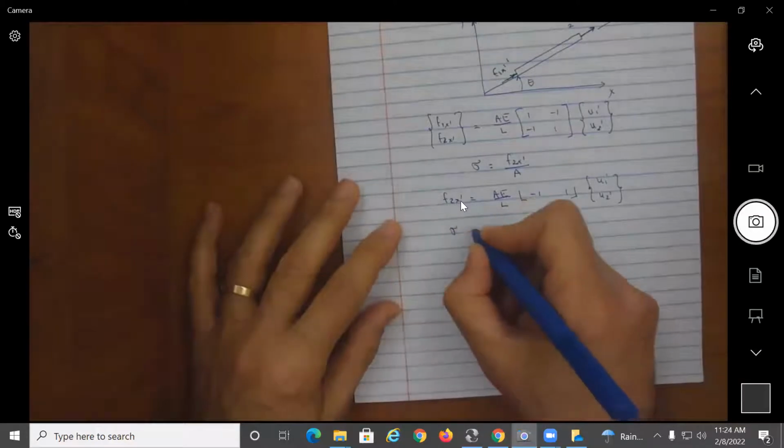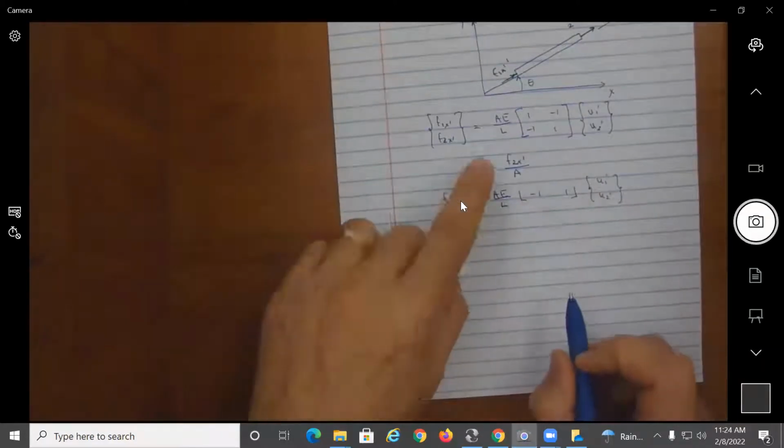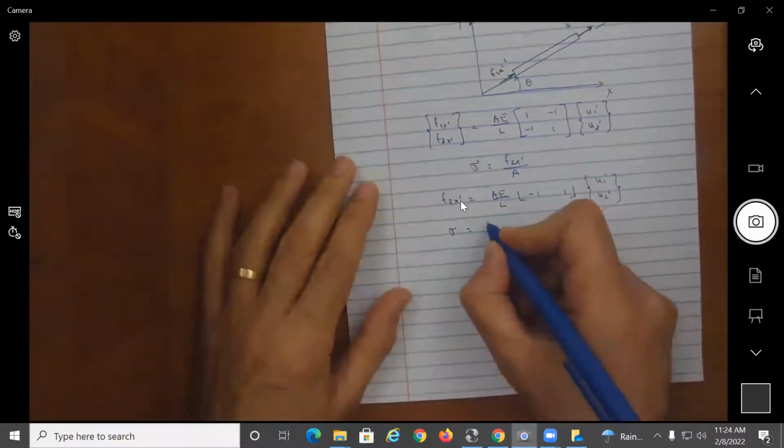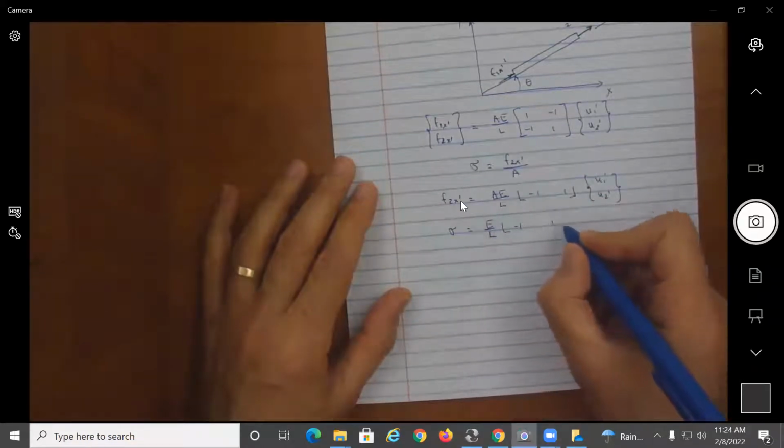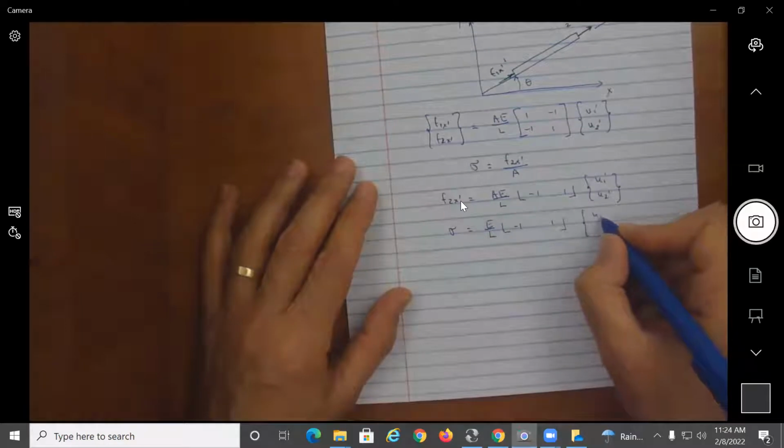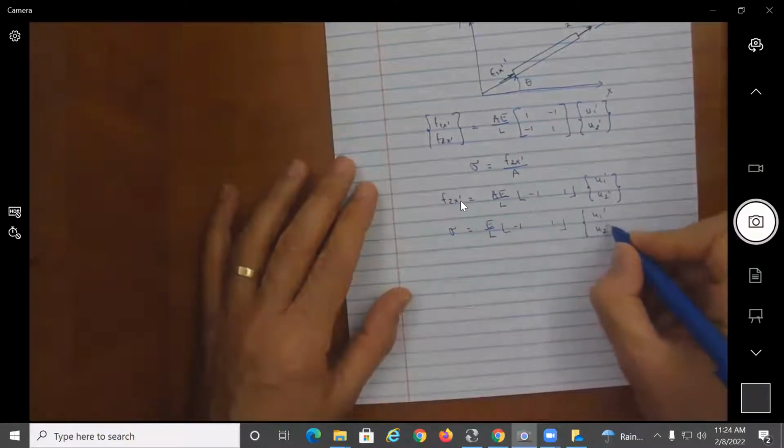Sigma then would be equal to, if I divide by A, E over L times minus 1, 1 multiplied by U1 prime, U2 prime.